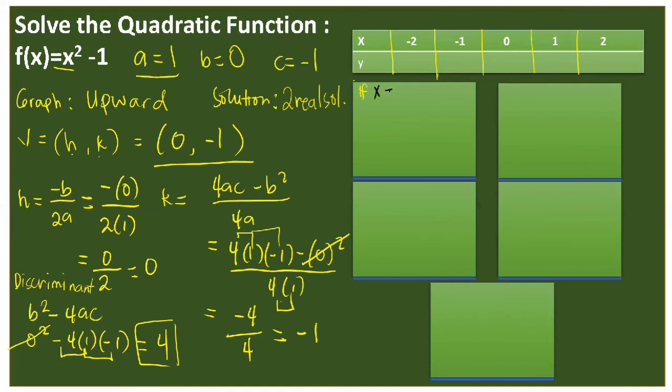is equal to negative 2, then y is equal to x squared minus 1. So x squared is negative 2 squared minus 1. And the negative 2 squared is positive 4 minus 1. Then it is equal to positive 3. So if x is negative 2, our y is positive 3.